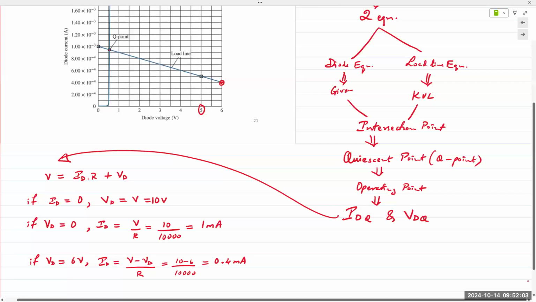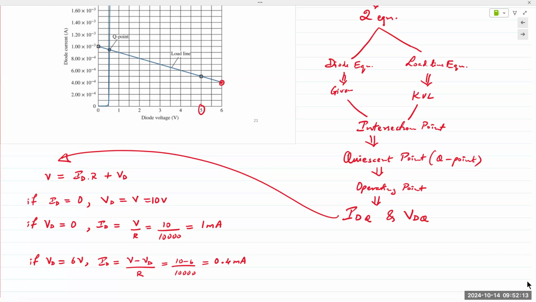Join the two and you obtain the Q point right there. And that gives us the value for IDQ and VDQ, diode voltage and diode current, when the source is 10 volts. If the source changes values, the operating point is going to move up or down depending on the value, but it'll always be on that curve.